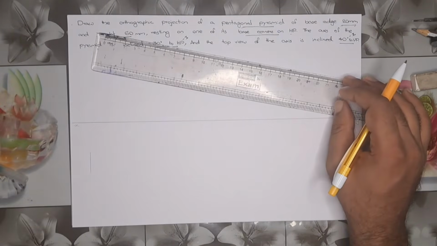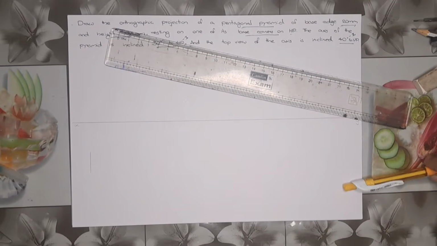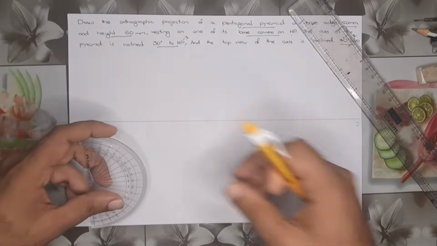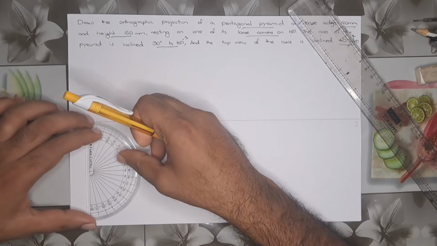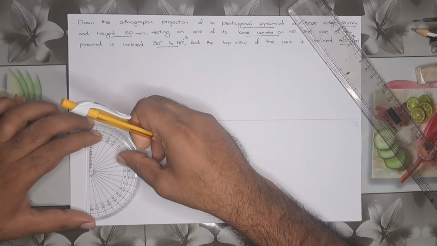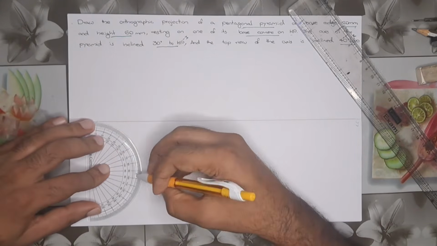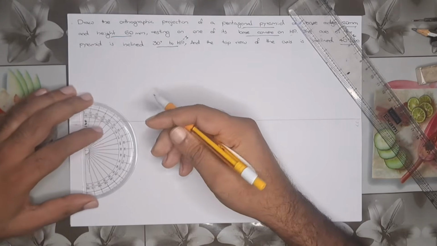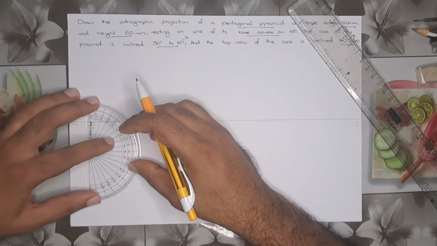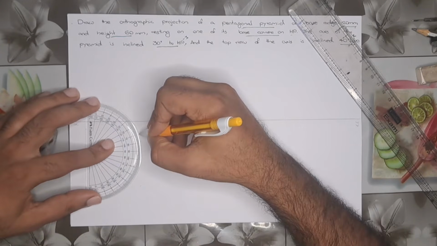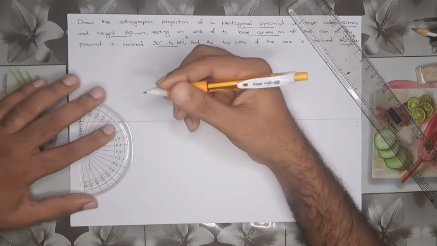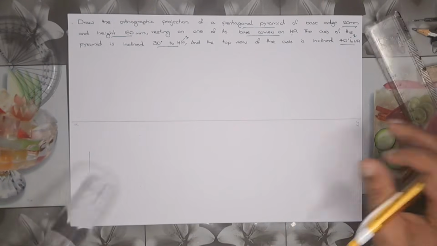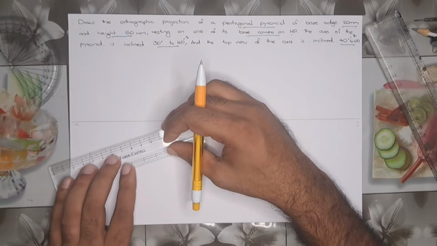Two centimeter or 20 mm. Then we have to take 108 degree from both sides. So now I'm going to draw the next line.